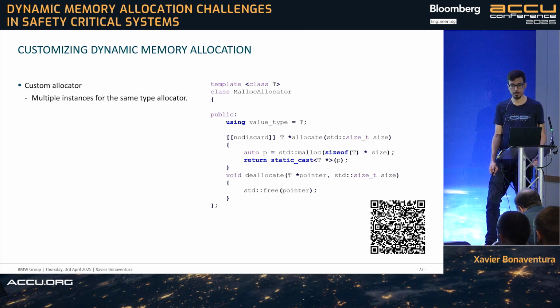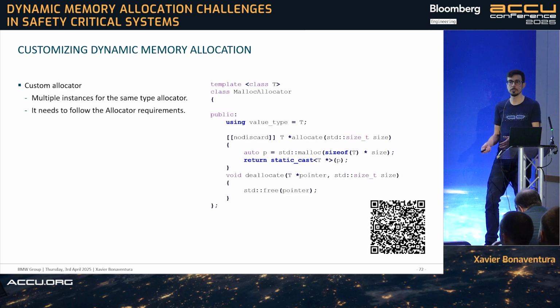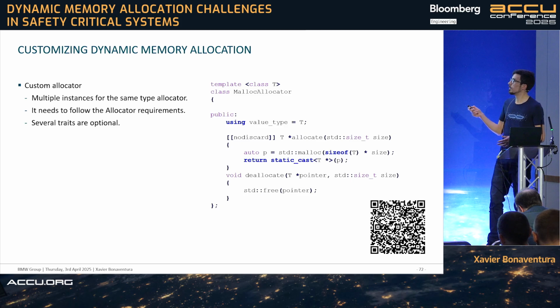You can use multiple instances for the same type allocator. It needs to follow some allocator requirements. The standard defines what the requirements are, and you have to follow them. It's based on type traits, and the good part here is that several of the traits are optional.